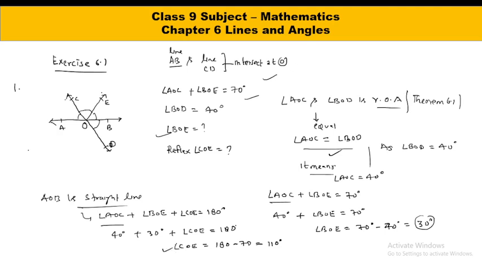Now if angle COE is 110 degree, then the reflex angle of angle COE will be equal to 360 degree minus 110. So it will be 250 degree. So in this way we have come across question number 1. Now we can move to question number 2.